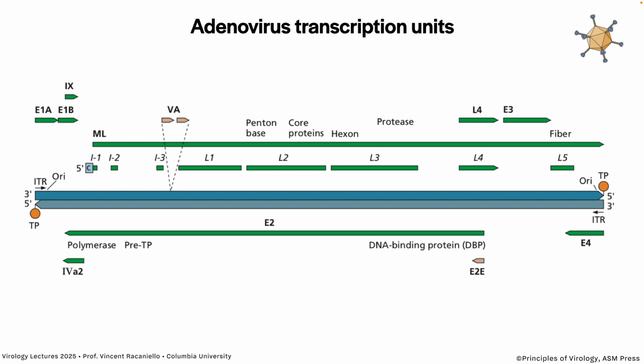And then on the other strand, mRNAs encoding the structural proteins, hexon, penton base. Those are late proteins, as you can see by the L. You don't need them right away for the same reason we discussed in SV40. You don't need them until you have DNA, and you don't have DNA until you make the early region proteins.